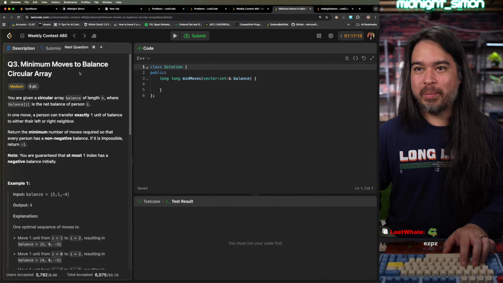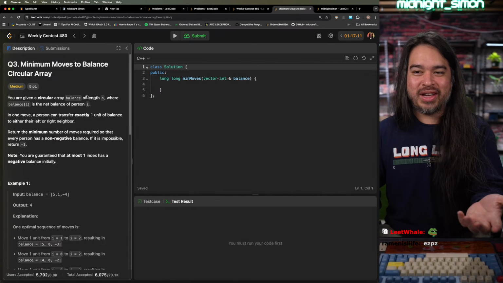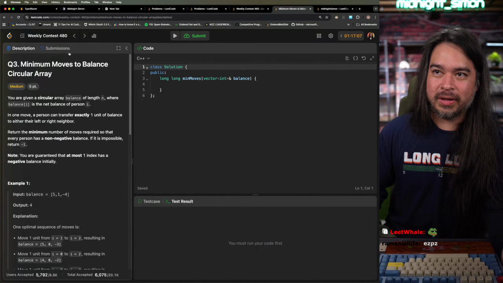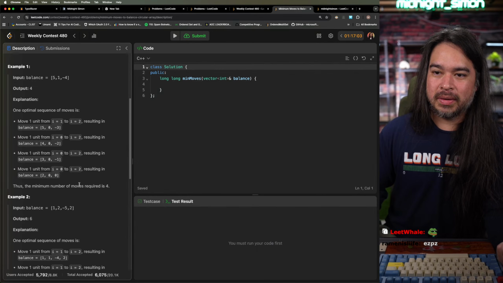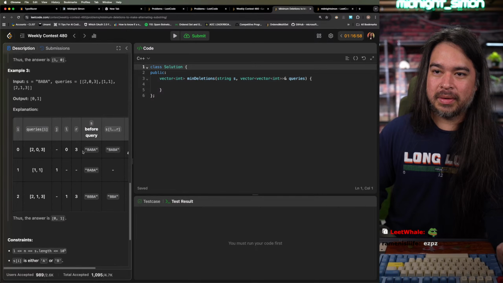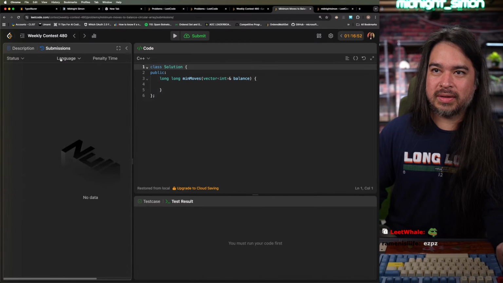Minimum moves to balance. Man, I swear I've done this contest, man. I don't even know. I should just quit right now. I think I've done all of these problems. I guess it's not going to show me during the contest.